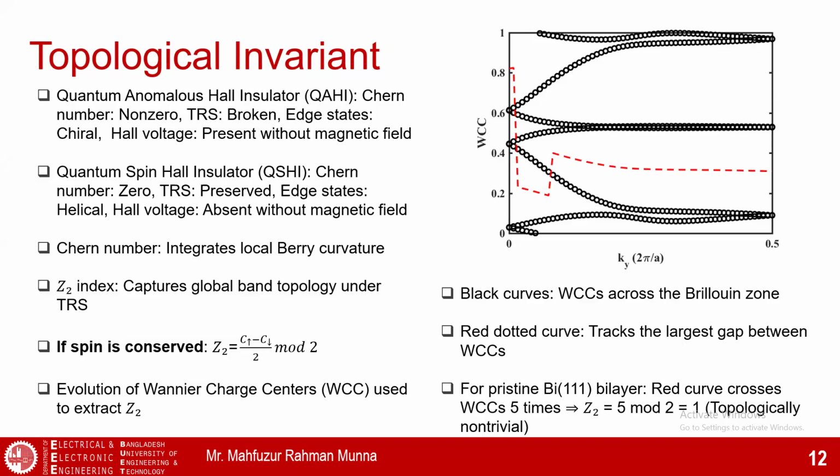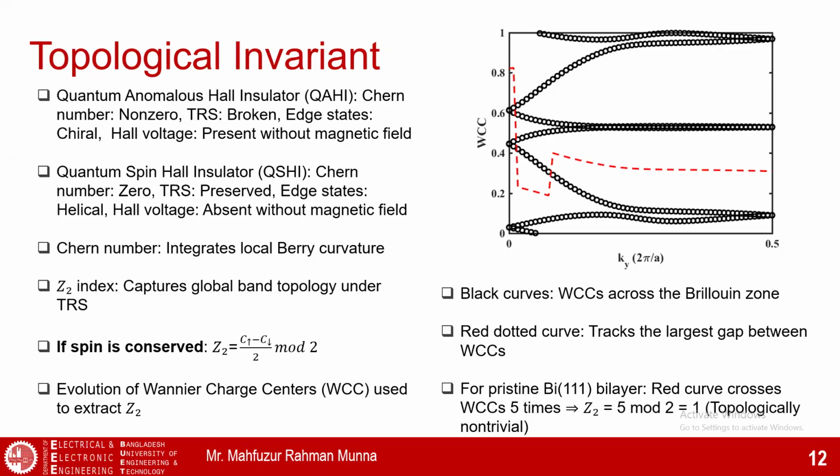However, if a material has a zero Chern number, we have to calculate the Z2 index to determine whether that material is a quantum spin Hall insulator or a trivial insulator. If the Z2 index equals 1, then we can say that the material is a quantum spin Hall insulator, which has zero Chern number.